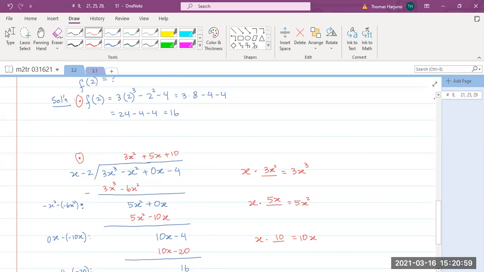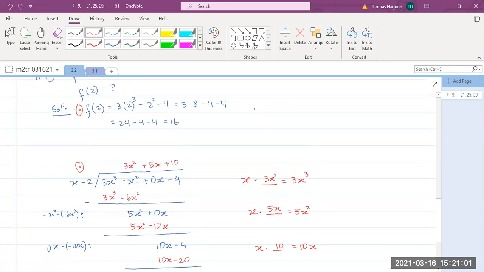Notice that f(2) is the remainder when the polynomial f(x) is divided by x minus 2, right?